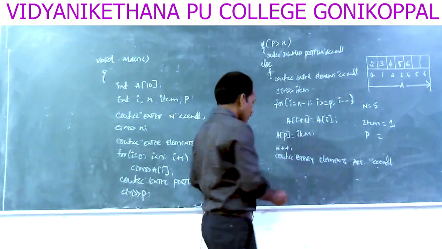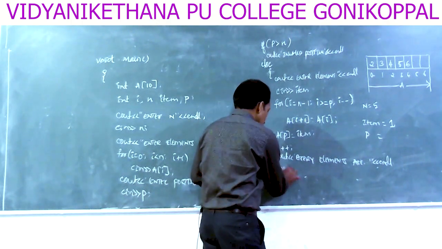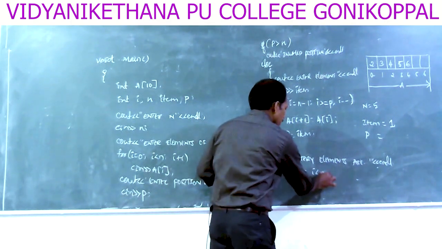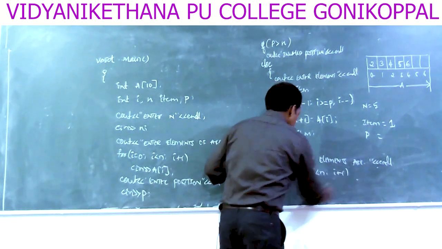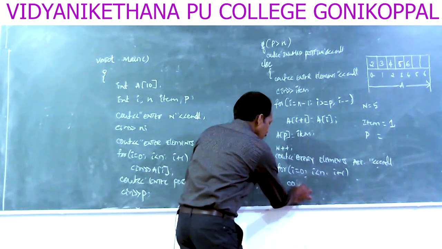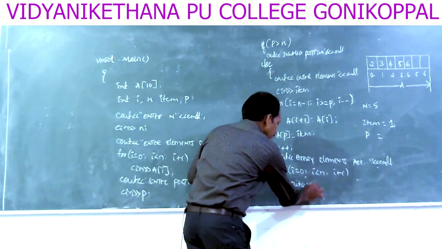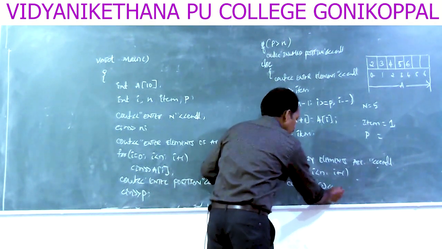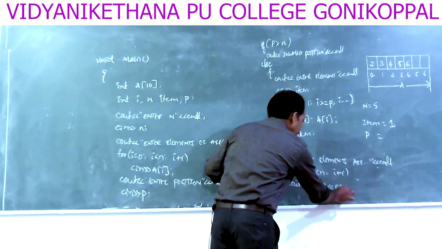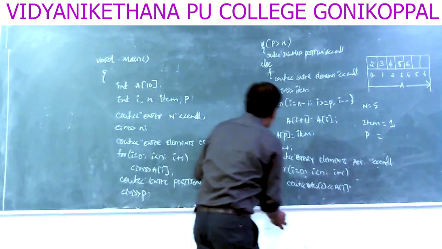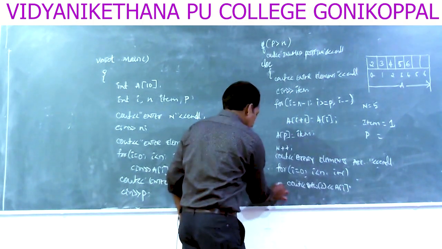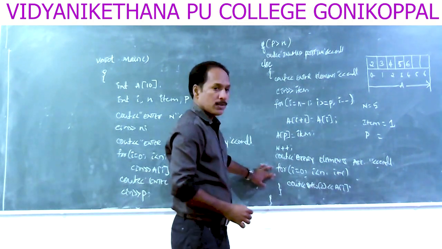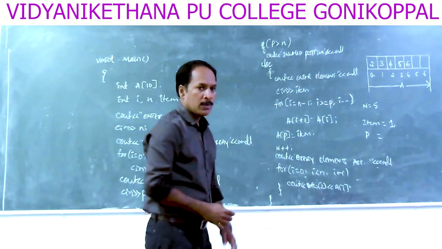Then we write a for loop again, starting from 0, i less than n, i plus plus. Then cout, we are displaying, so use a set width of 2, otherwise they will come together, then you write A of i. This is the end of the else statement, and this is the end of the program.